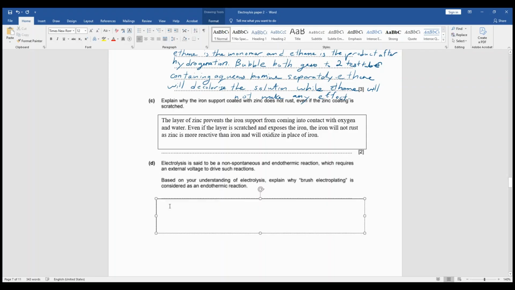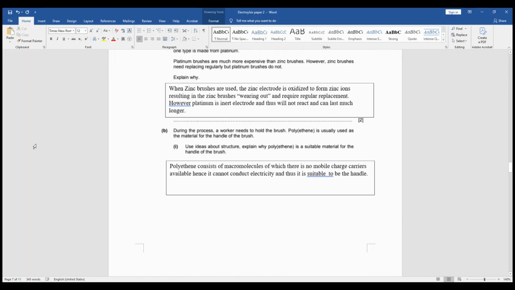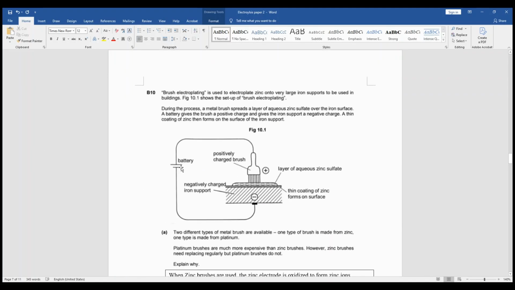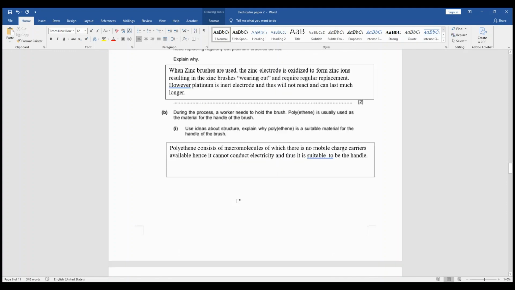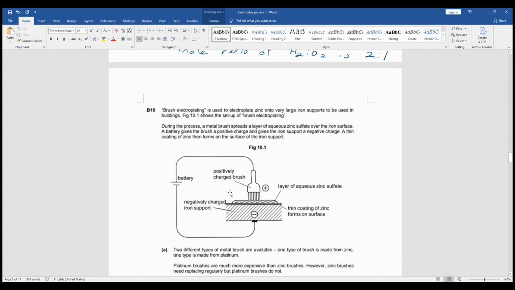Energy is taken in at the anode. Where's the battery? The battery is here. Because the electrons will flow and come to here, again, you cannot use the conventional current.